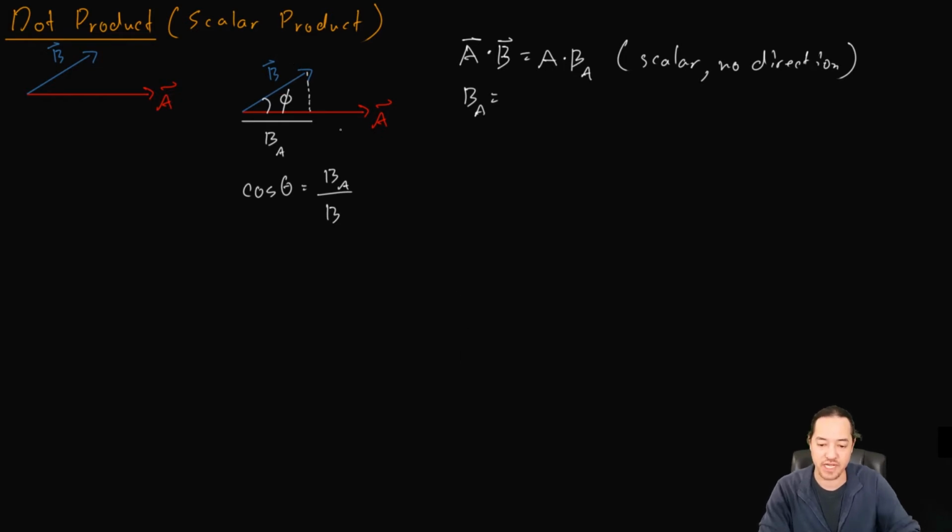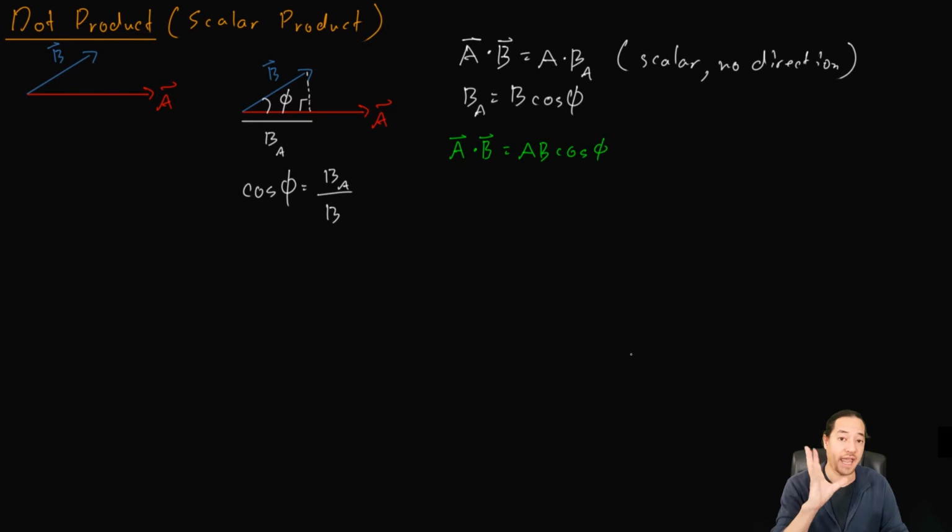Vector B is the hypotenuse because this is the right triangle right there. And so we can solve for B sub A, and that's going to be equal to B cosine of phi, okay? We're using phi here as the separation between these two vectors. So we can now define this dot product as A dotted with B is equal to AB cosine of phi. And we've done it.